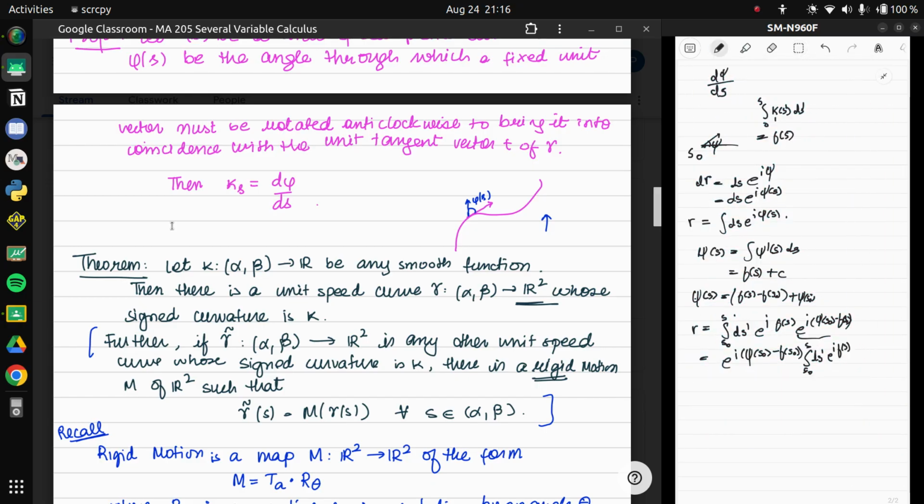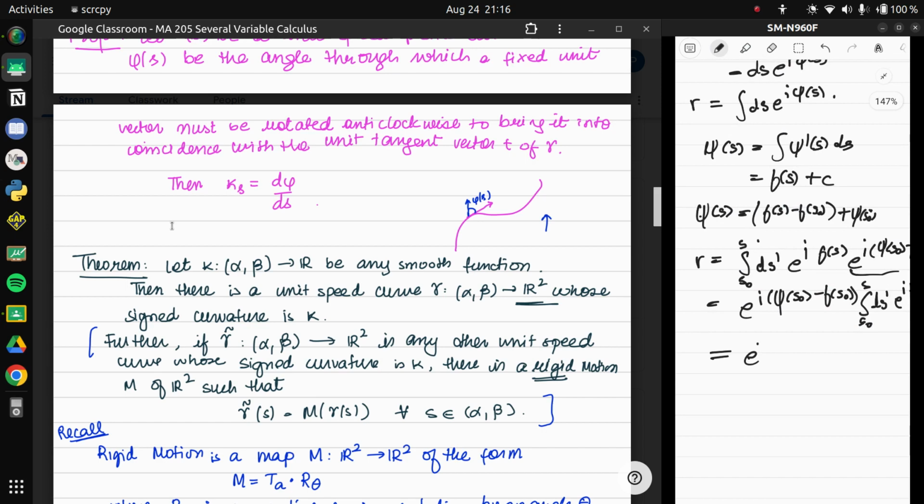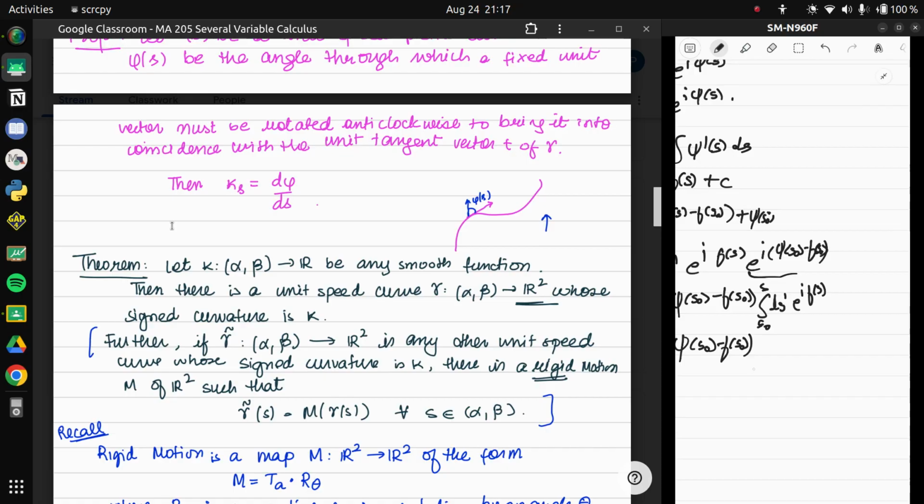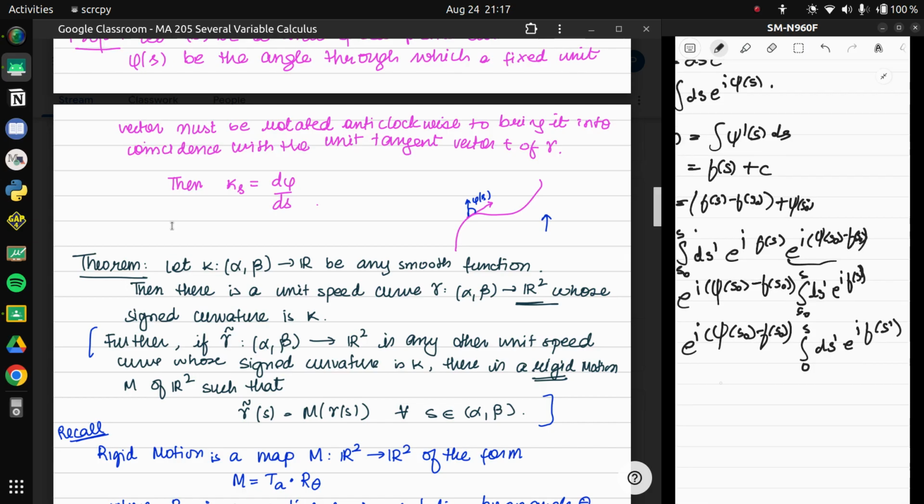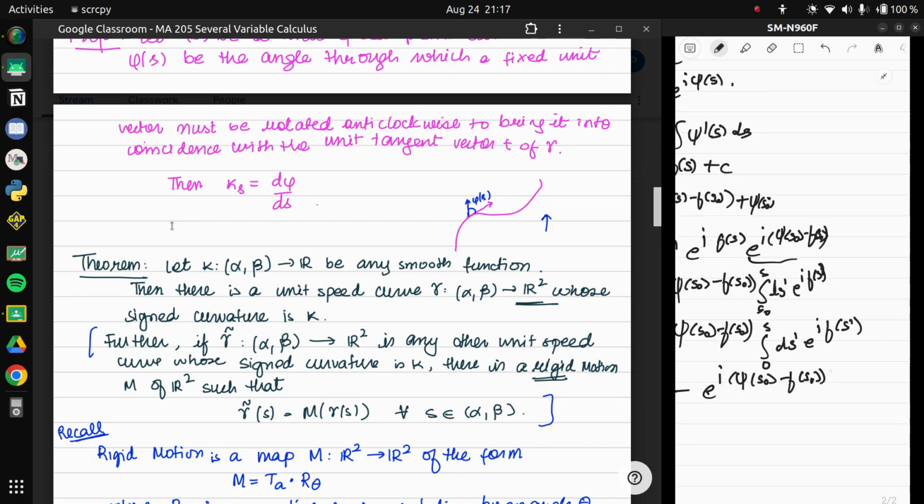Right, so what I'm going to do is write this as e power I psi of s naught minus f of s naught, integral from 0 to s of ds dash e power I f of s dash, and then minus the same stuff, e power I psi of s naught minus f of s naught, and the integral from 0 to s naught of this stuff.